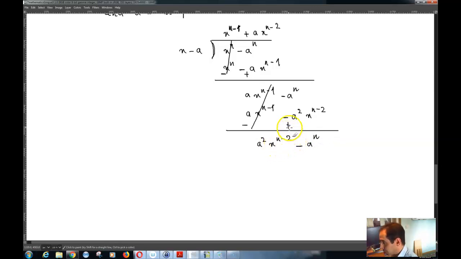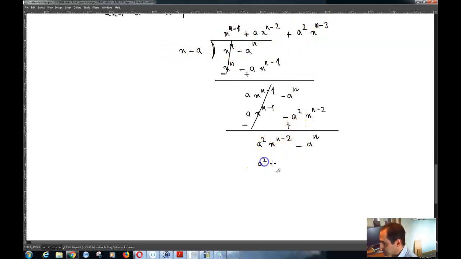Again, if you divide a squared x raised to the power n minus 2 by x, you will get plus a squared x raised to the power n minus 3. x raised to the power n minus 3 times x is equal to x raised to the power n minus 2, and then you have an a squared over here.